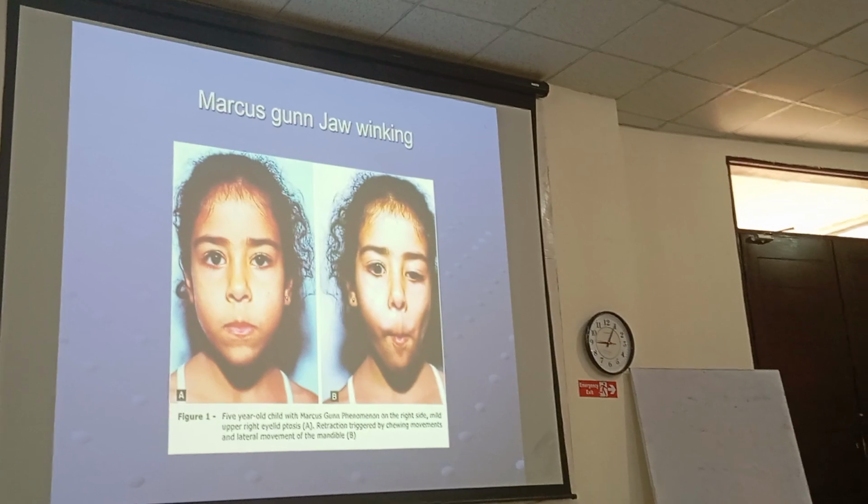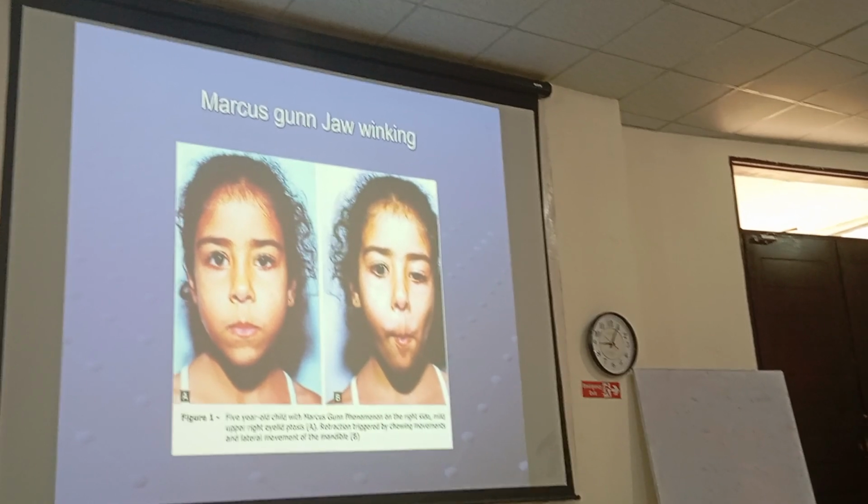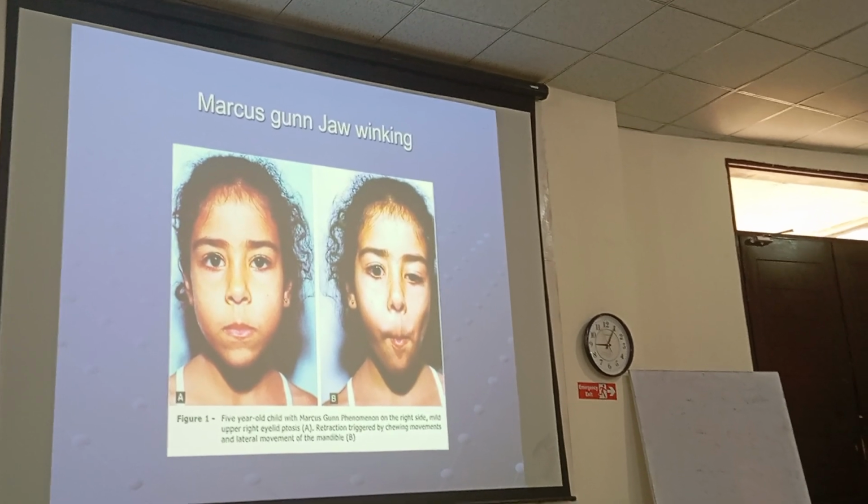Got it? So it is usually present in children. As it is related to the jaw, it is called jaw-winking syndrome. Marcus Gunn is the name of the scientist.